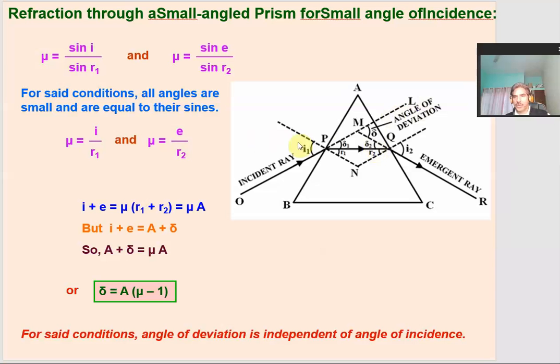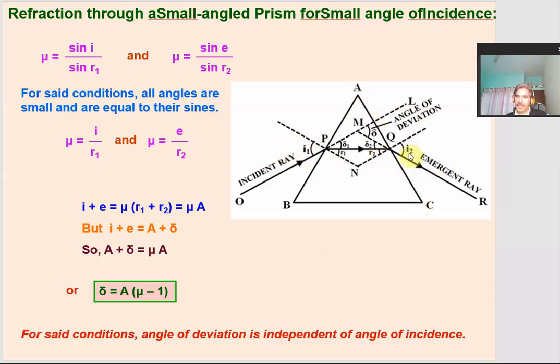There will be one difference: in this case the light ray is coming from air to glass, and whenever refraction happens at this surface, the light ray is going from denser to rarer medium, right? So this is the angle of incidence here, and this is the angle of refraction. So the angle of emergence will be the angle of refraction here.